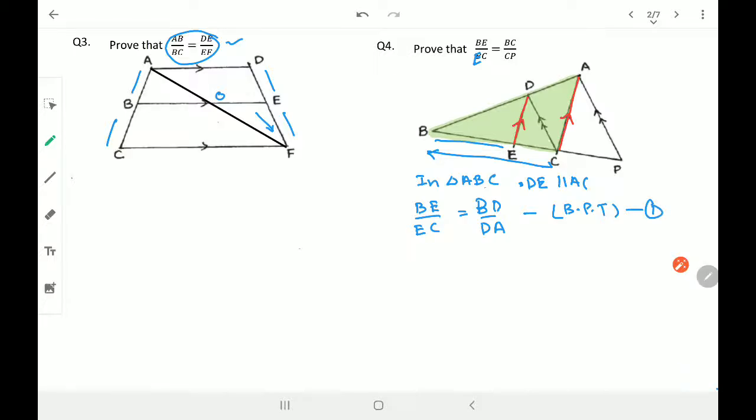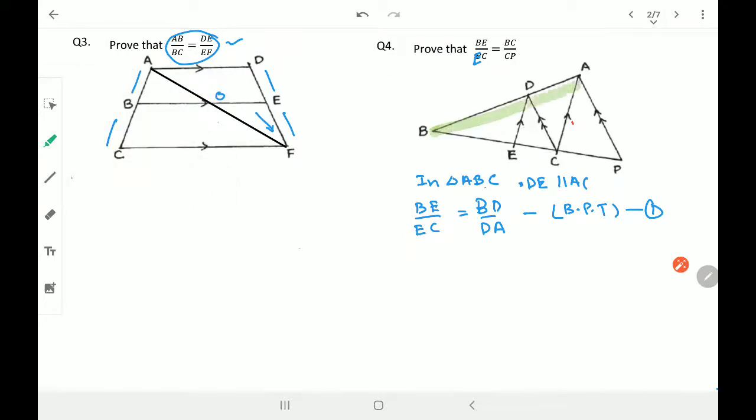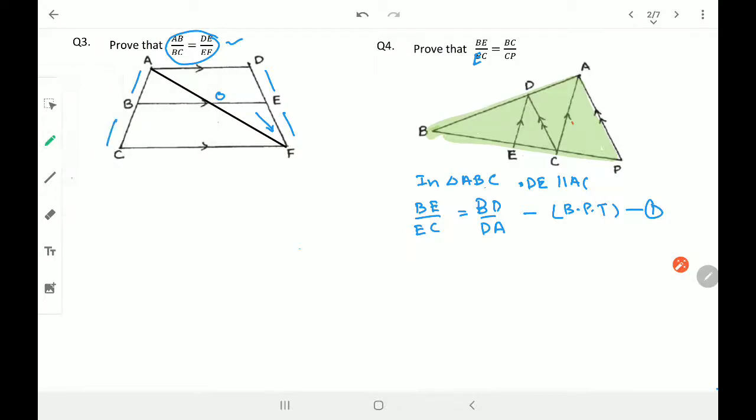There's one more triangle, if you're understanding. I'll just show you that. Another one as well. Without considering what I have to prove, I'm just directly using BPT, and then I will decide how to use that to get the required result. So this is a triangle where I can use BPT, where the parallel lines are this one and this one.